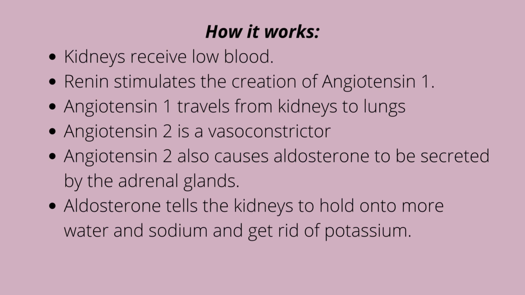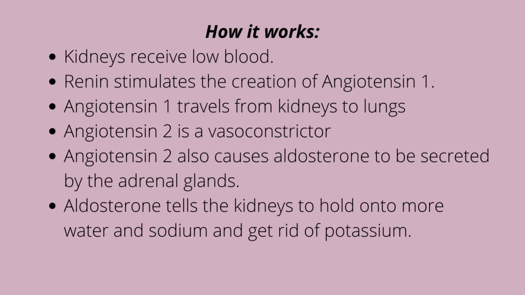In combination with ACE, which is our angiotensin converting enzyme, angiotensin 2 causes vasoconstriction, which increases the blood pressure since there is less space and more pressure for blood to pulse. And it also causes aldosterone to be secreted by the adrenal glands.